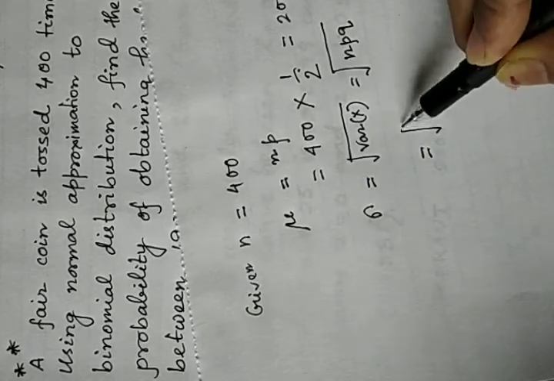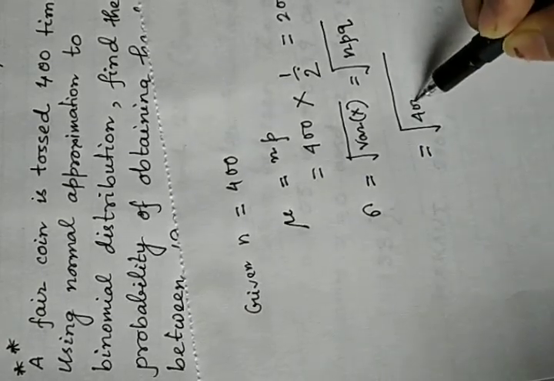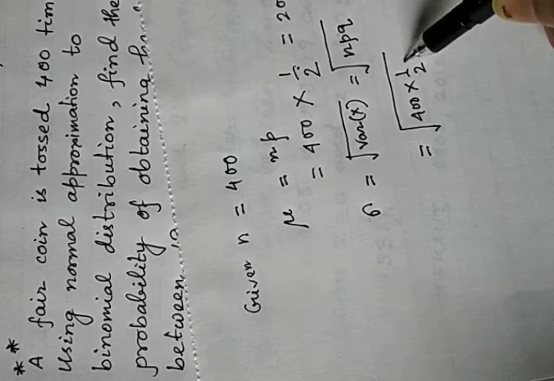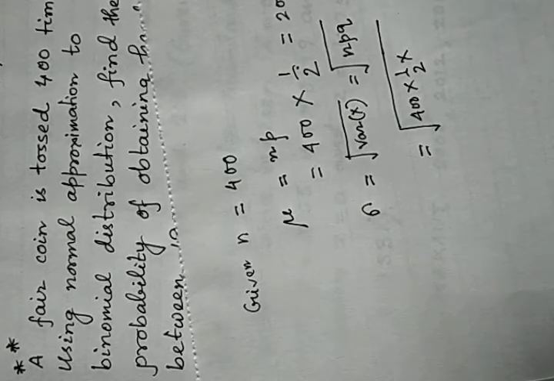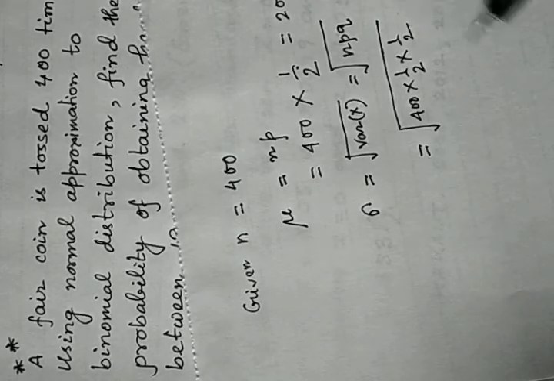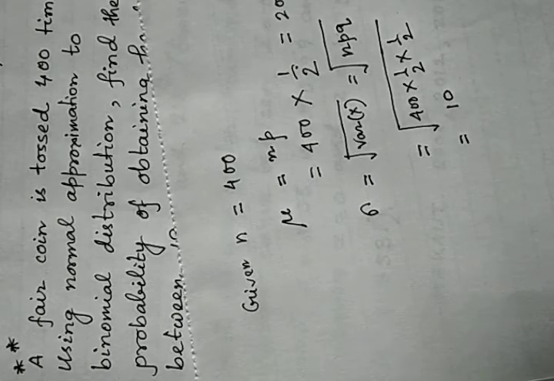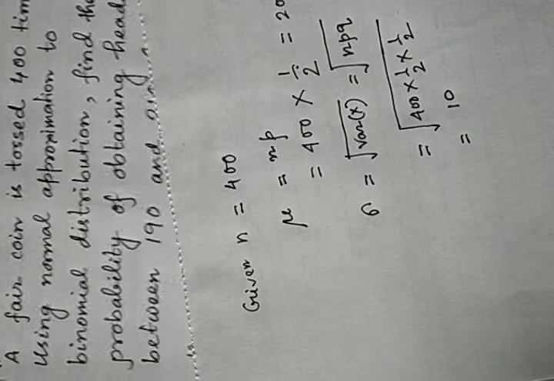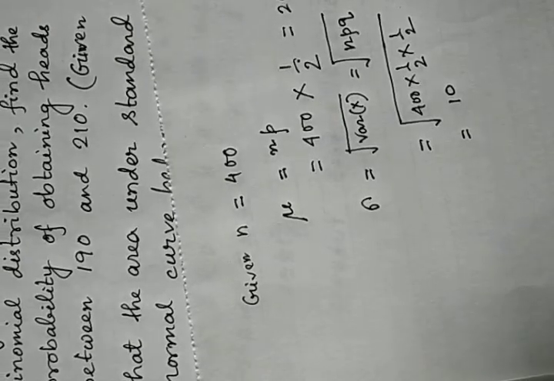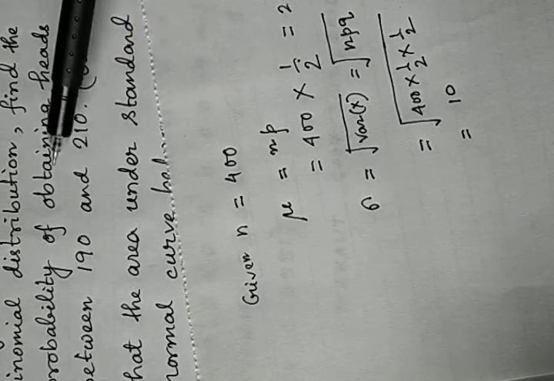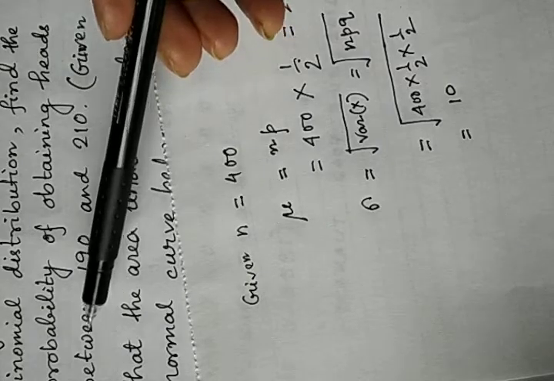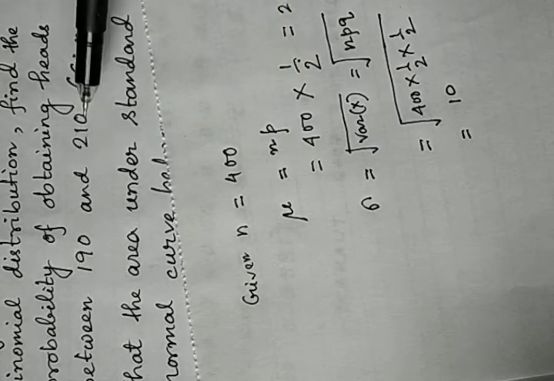This is root of 400 into p is half and q is 1 minus p, that is also half, and we are getting here 10. So we got the mean and standard deviation in normal distribution. Now we have to find the probability of obtaining heads between 190 and 210.